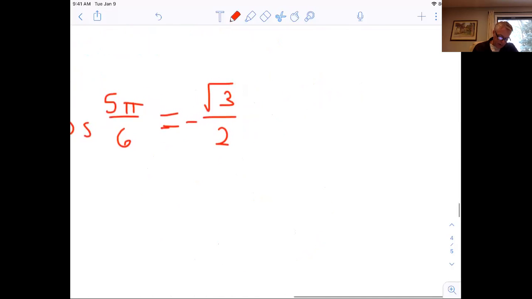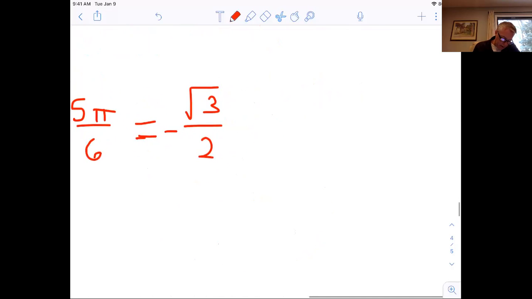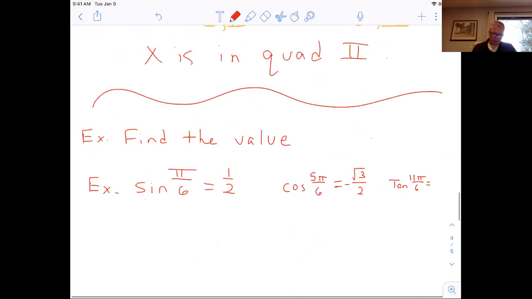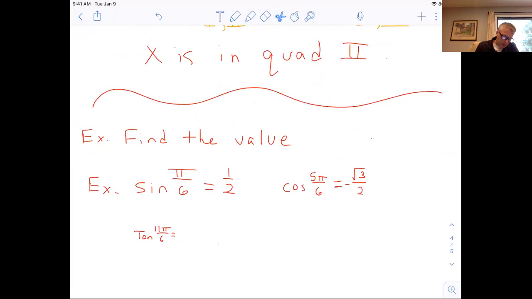All right, if we wanted to find the tangent of 11 pi over 6, fourth quadrant, because it's almost 12 over 6. I'm going to move this because I might need a little more work on it. Tangent is sine over cosine.